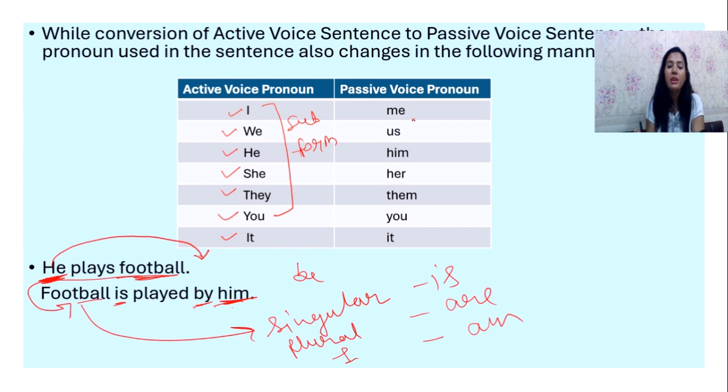So I becomes me, we becomes us, he becomes him, she becomes her, they becomes them, you becomes you, and it remains the same.